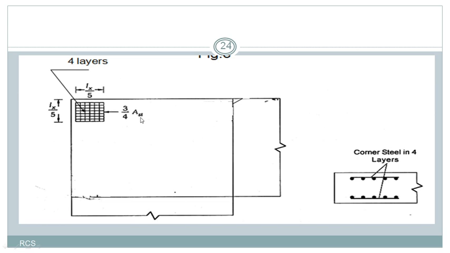Ast here is the maximum reinforcement provided in the midspan, right? And see, this is the cross section of that. If I take the cross section here, we have to provide it in 4 layers, and this will be provided in this direction and in this direction also. The length in this direction will be Lx by 5, and the length in this direction also Lx by 5.